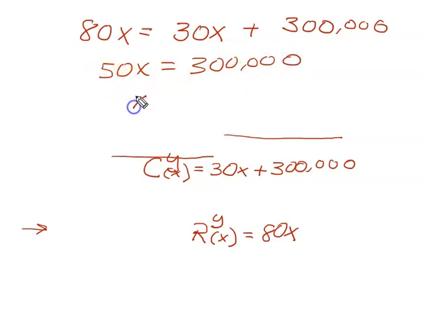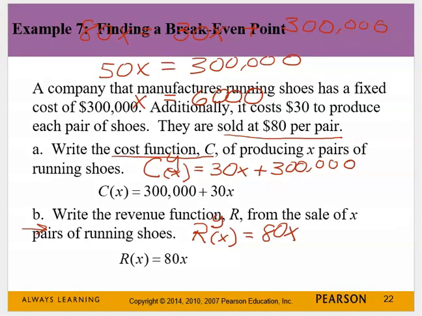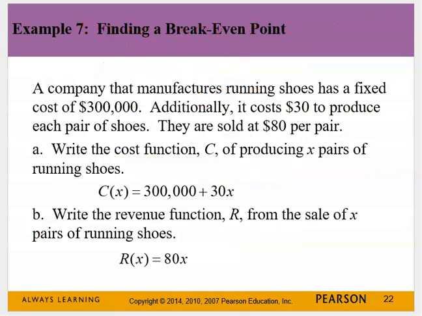Divide both sides by 50. I did this ahead of time, and this is 6,000. So if we sell 6,000 pairs of shoes, that'll be a point of intersection and what we call our break-even point. And let's see it now back in the slides.